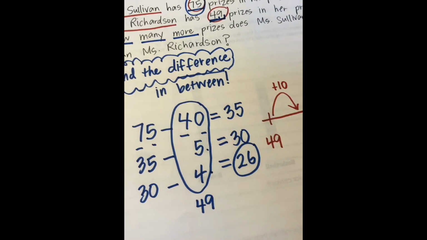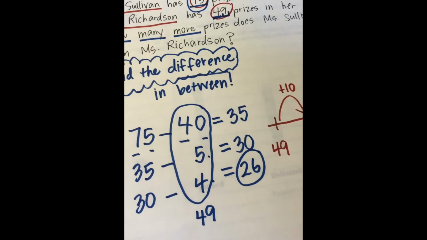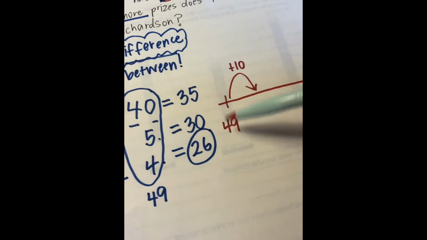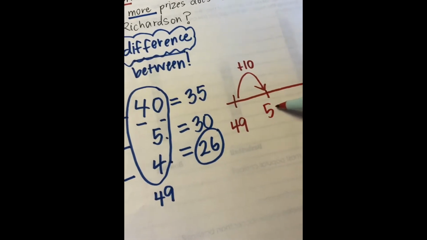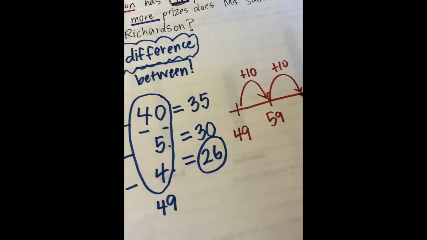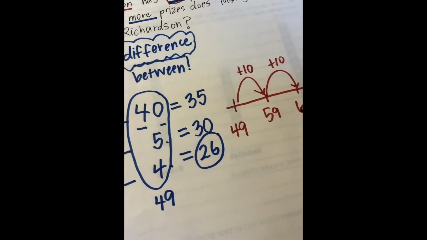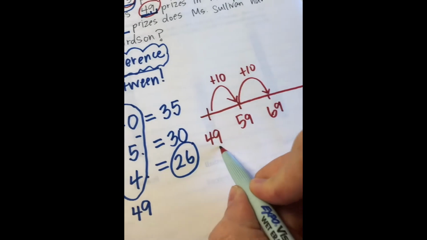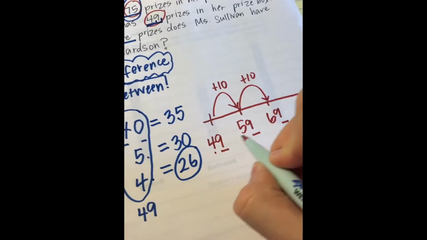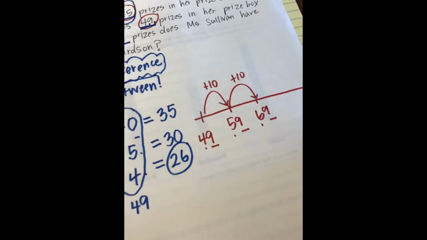If your scholar is not comfortable with adding more than one 10 at a time, they can do just jumps of 10. So 49 plus 10 is 59. 59 plus 10 is 69. And your scholar should notice that when we count by tens, the ones place stays the same, and the tens place counts by ones, 4, 5, 6.